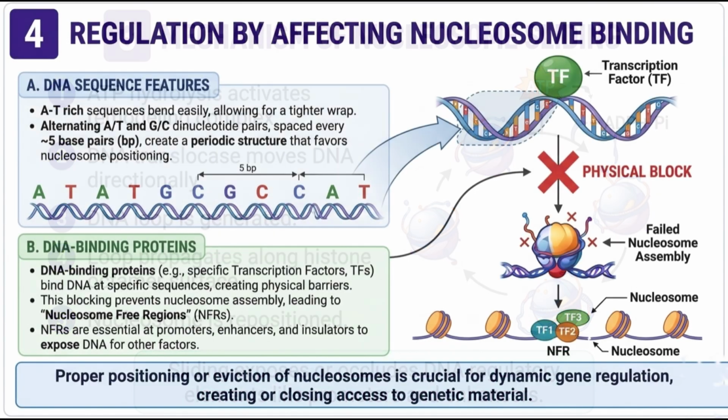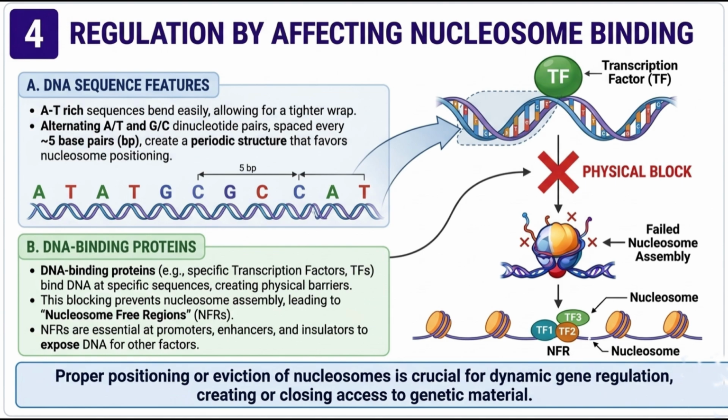Regulation by affecting nucleosome binding. Nucleosome positioning is strongly influenced by DNA sequence and DNA binding proteins. AT-rich DNA sequences bend more easily around histones, while GC-rich regions are generally less flexible. Certain DNA sequence patterns therefore favor nucleosome formation.